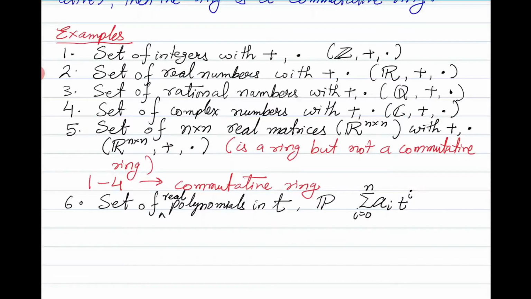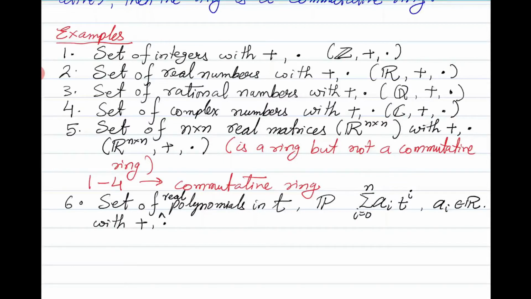This n can be 0, 1, 2, 3, 4, and so on, but n is a finite number, and the a_i belong to R. Is this, with the plus and multiplication operation, a ring?